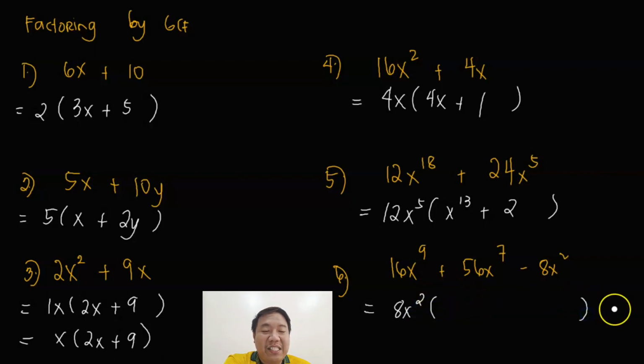What is 16x raised to 9 divided by 8x squared? It's 2x raised to 7. How about the other one? It's 7x raised to 5. And again, you are dividing 8x squared by itself, which is 8x squared also. So the answer is 1. Very good. So basic na sa inyo yan.